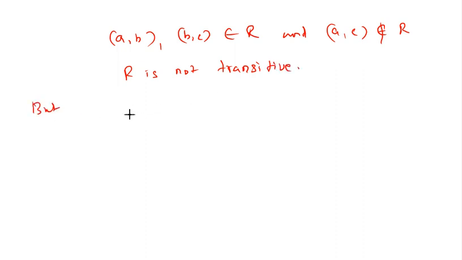But if such ordered pairs (a,b), (b,c) do not both belong to R, we need not test whether (a,c) belongs to R or not. It doesn't matter. Directly we can give our conclusion: R is a transitive relation.